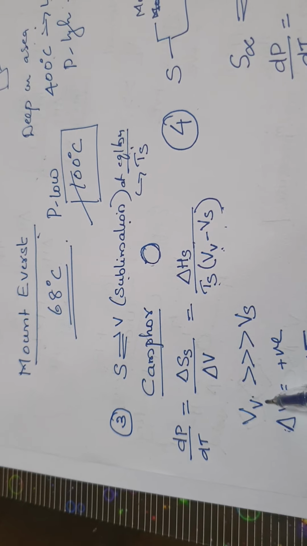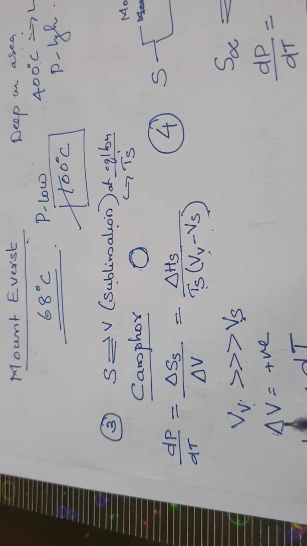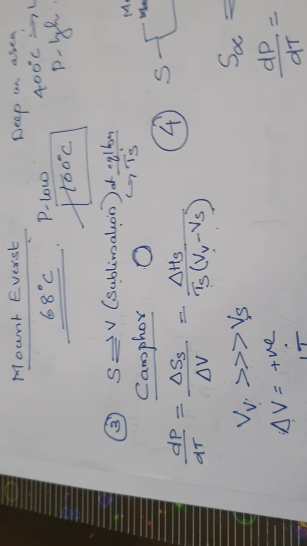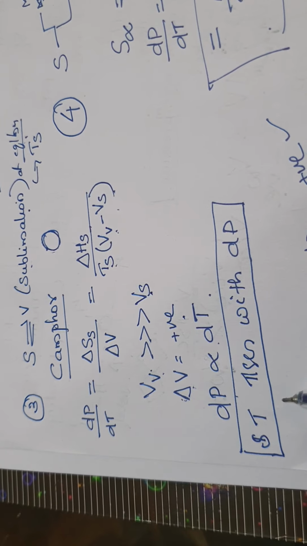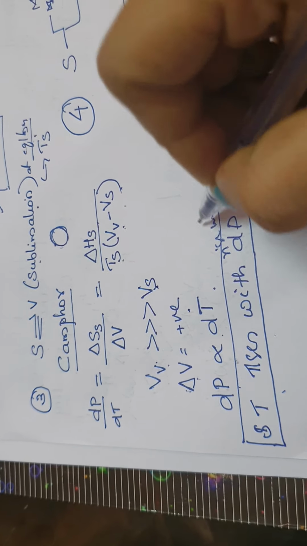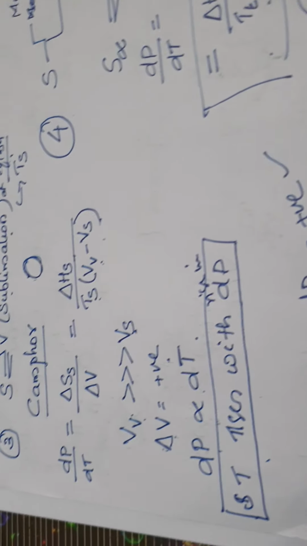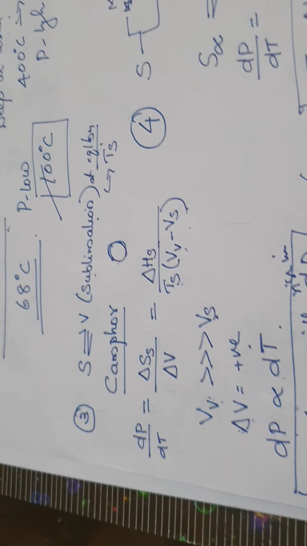Here also volume of vapor is always greater than volume of solid. Therefore delta V will be positive. So dP is directly proportional to dT, that is sublimation temperature increases with rise in pressure. Okay, so that is the case of sublimation equilibrium.